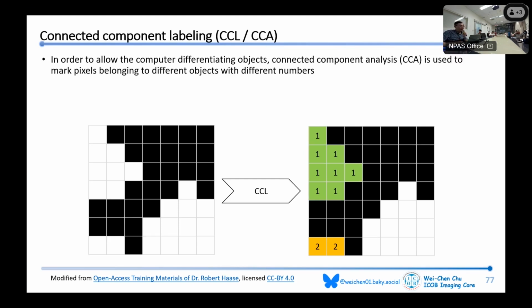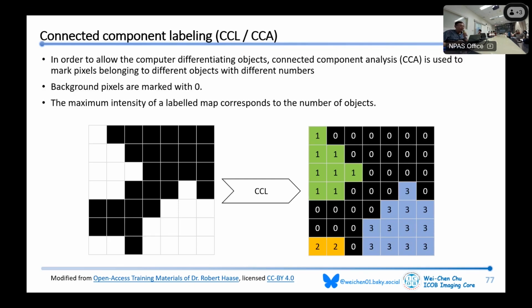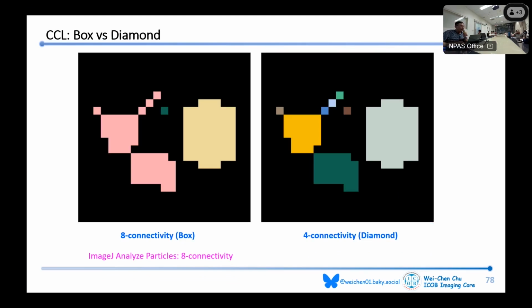Connected component labeling, after this processing, gives us a different number of objects, each with a different ID. There are two different algorithms. In ImageJ, we use 8-connectivity.